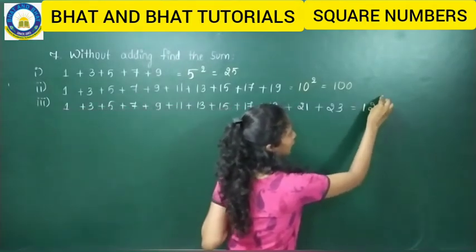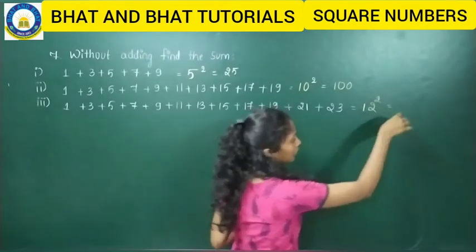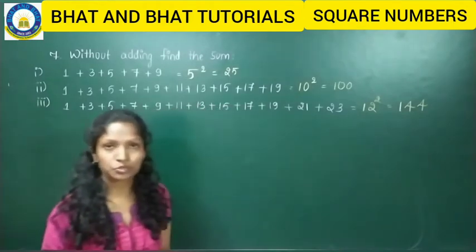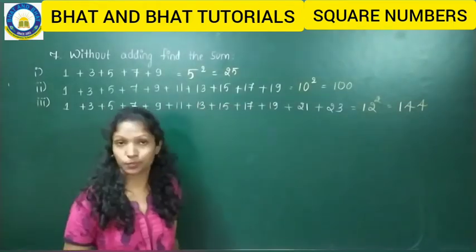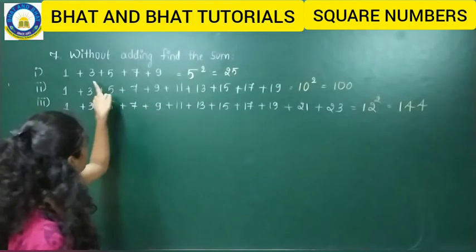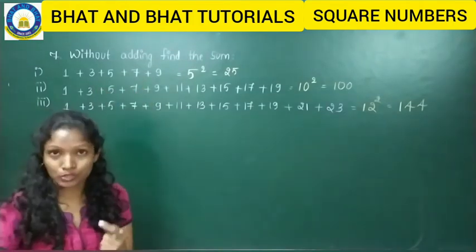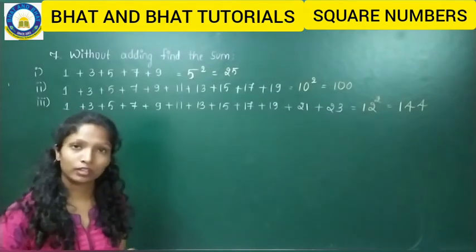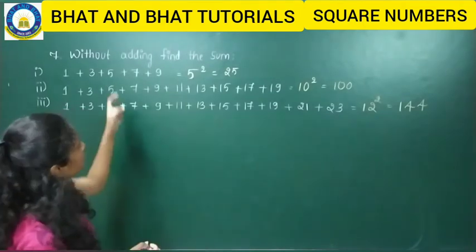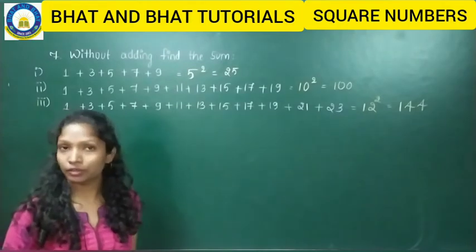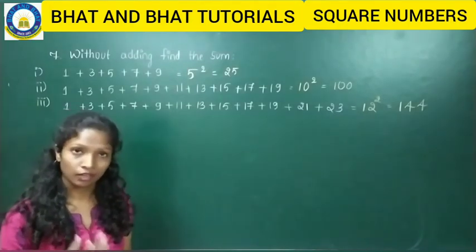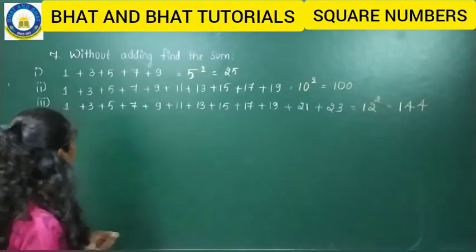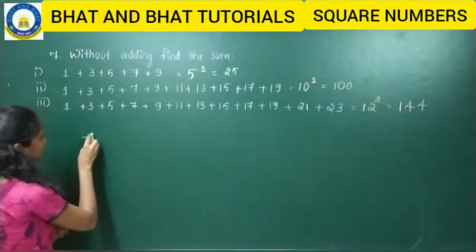That means 12 square, that is 144. This is why I told you to learn the square numbers. Here you find how many numbers you have. Instead of adding each and every number, you count how many numbers you have, take the square of that, and write the square.